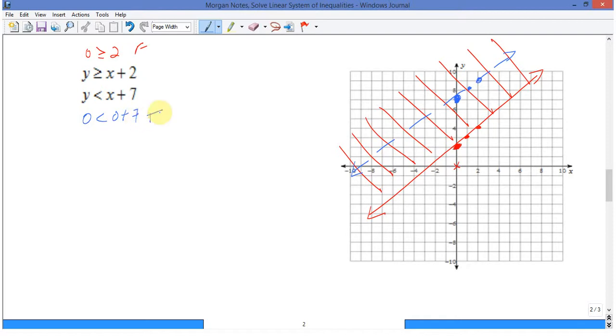That's true. This one will be shaded downward then. And you can see, actually this would extend on, but the overlap is the area of the intersection. And you can see that the overlap is going to be bounded by the dashed line on that side and the solid line on this side and everything in between those two parallel lines.